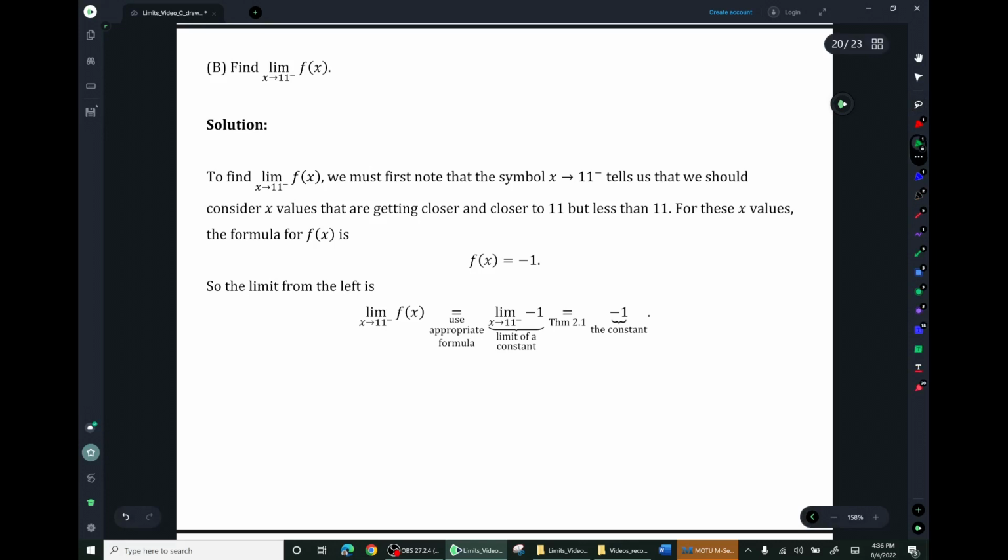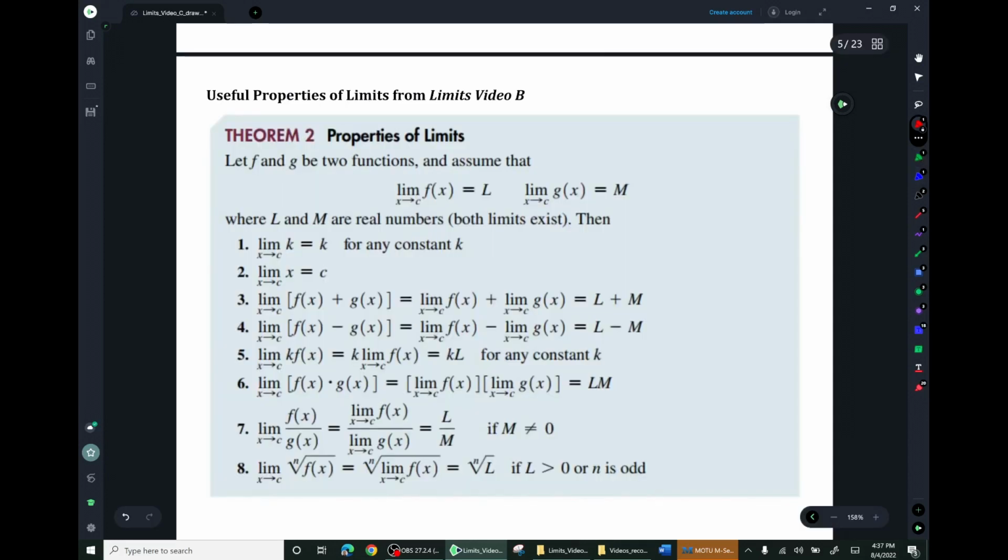Now let's zoom out. What we've got here is the limit of a constant. Let's go back up and look at our limit properties. Remember that Theorem 2, Part 1, which I would call Theorem 2.1, says that if you have a constant k and you're finding the limit as x approaches c of k, well, that limit is just simply k.